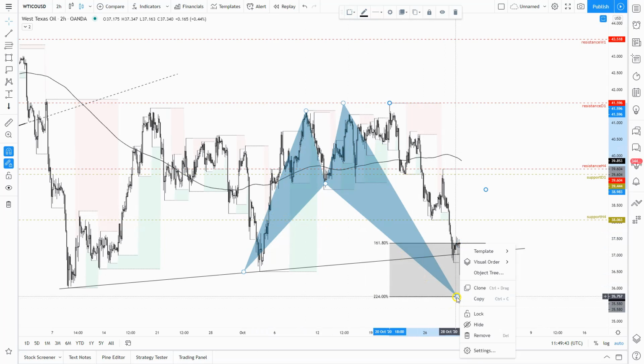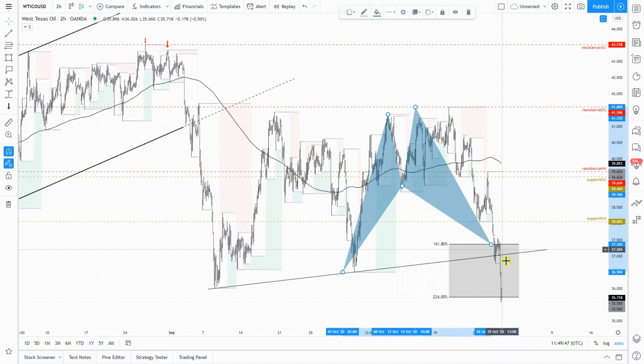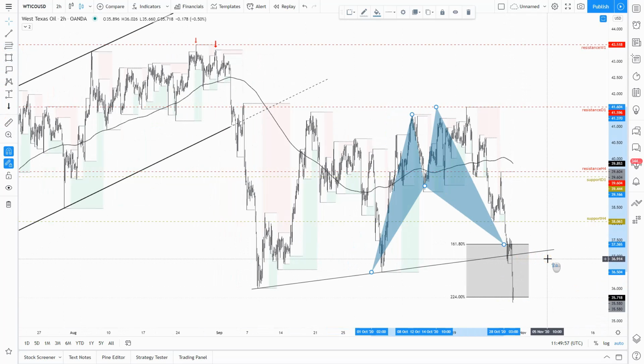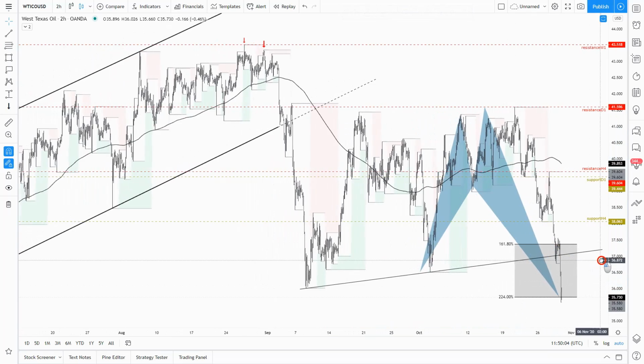I bought a small portion of the crude to try to go higher from here, but then the market immediately invalidated my longs, and now we are trading the 224% Fibonacci extension.